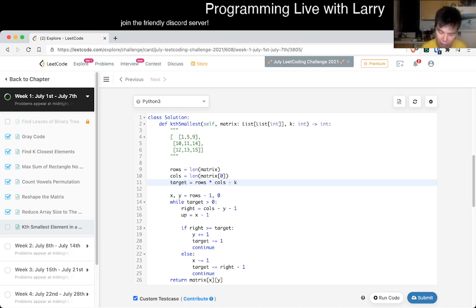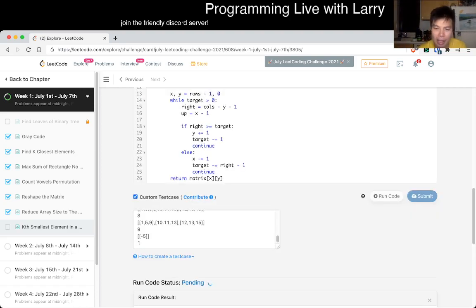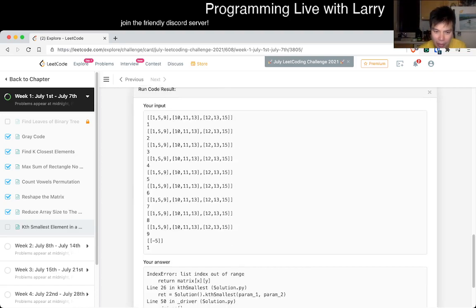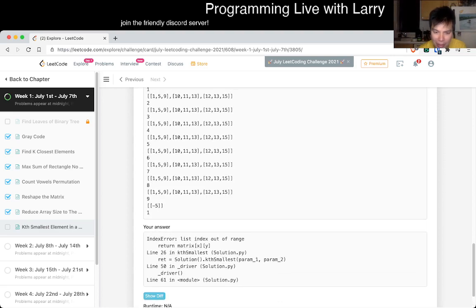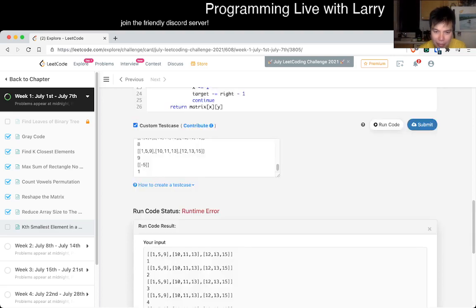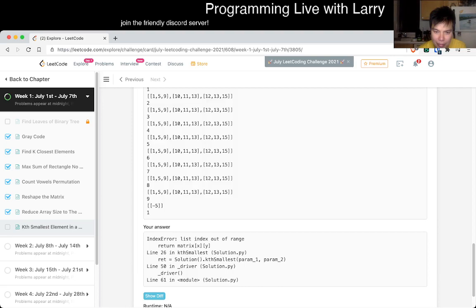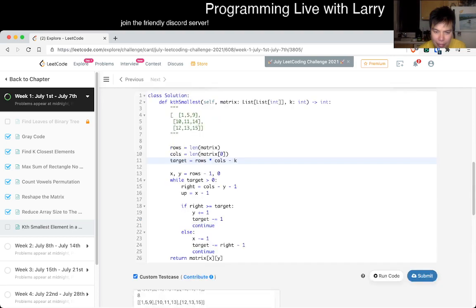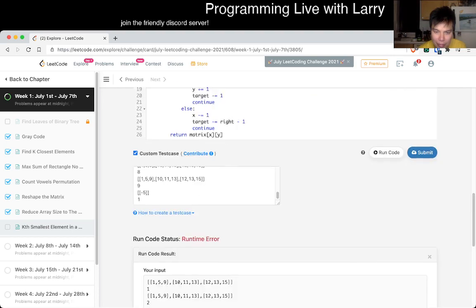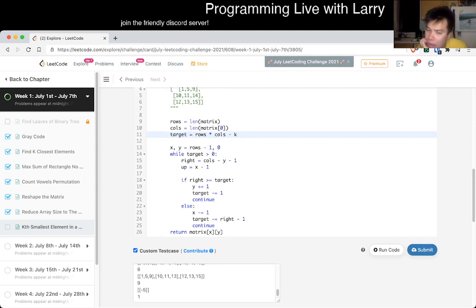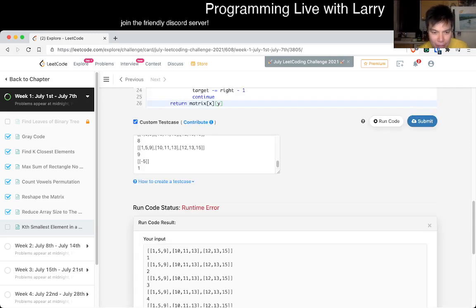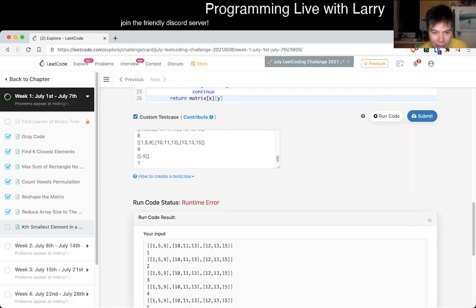I think maybe this is right because k is 1 indexed actually. Yeah, I think I had an extra off by 1 here, though apparently it's giving me an issue. Like I said, these ones are really hard for me. Which one is it getting wrong on?